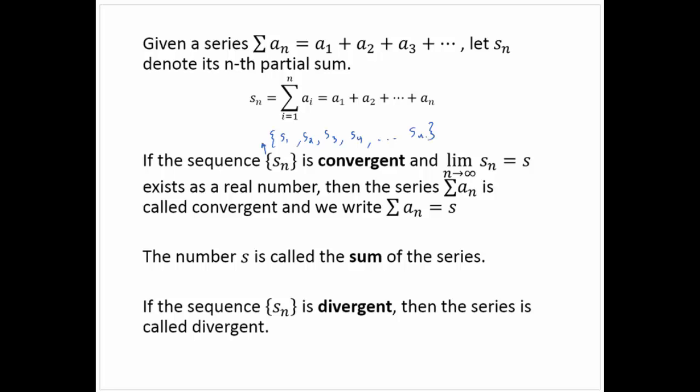If that s exists, the number s is called the sum of the series. If, however, the sequence of partial sums is divergent, then we say that the series is divergent.